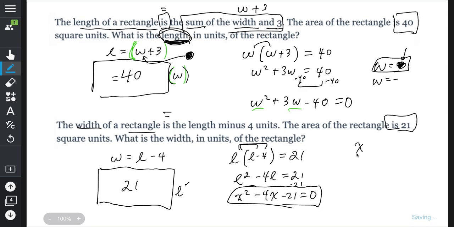You're going to get an x equals something else, but then you're going to plug it back into, let's say it's this one. Take that number, plug it in right here. Well, that will be the length, or plug it into here, and then you'll be able to get the width, because that's what they want. They want the width.